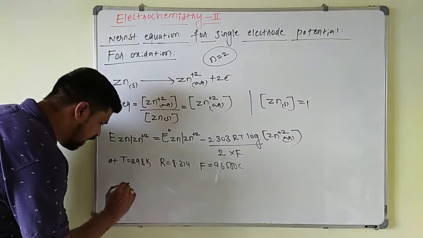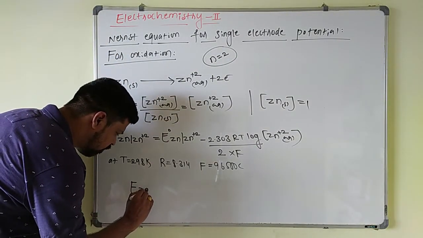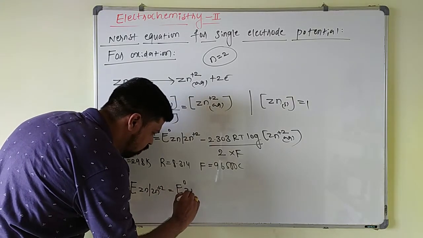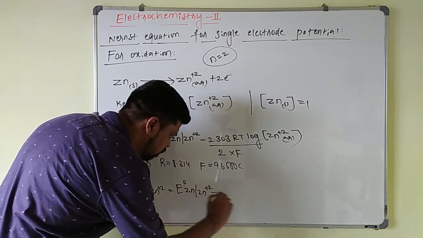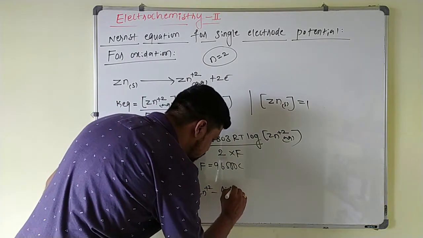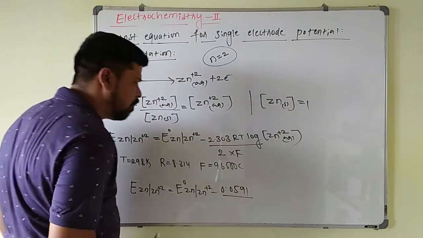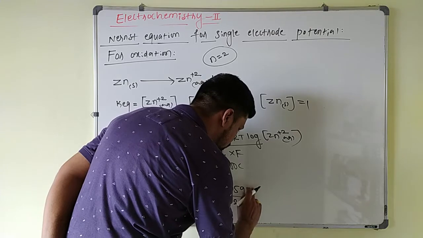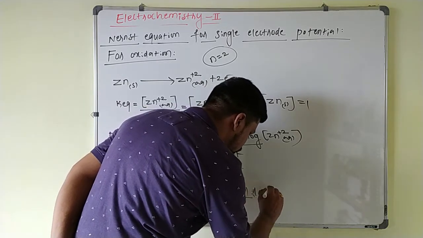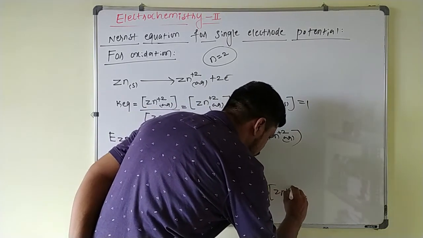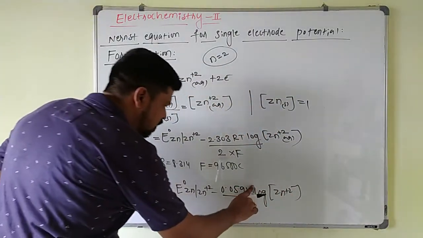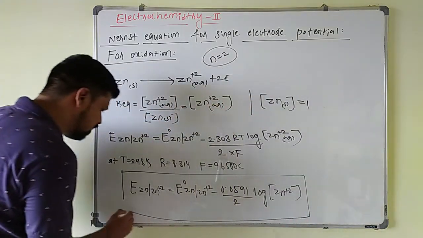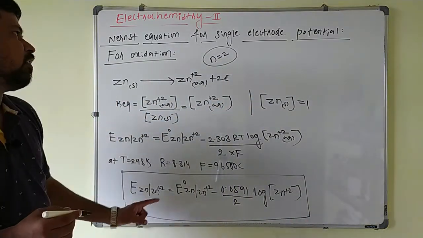Then this equation becomes: oxidation potential of zinc is equal to standard oxidation potential of zinc minus 0.0591 divided by 2 into log of the molar concentration of Zn plus 2 ion. So this is the Nernst equation to calculate the oxidation potential of a single electrode, that is the zinc electrode.